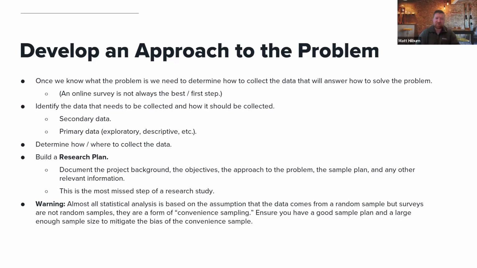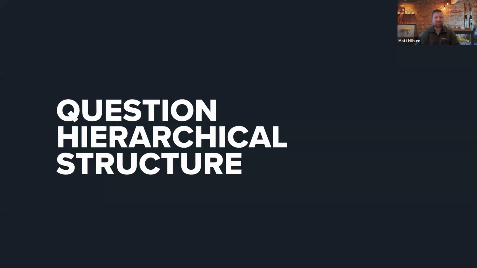This presentation is on survey writing, so I won't go deep into a sample plan, but if you're going to collect data, you need to make sure you've got a really good, robust sample plan so that your data is going to be something we can call statistically significant, large enough sample sizes, representative, etc.